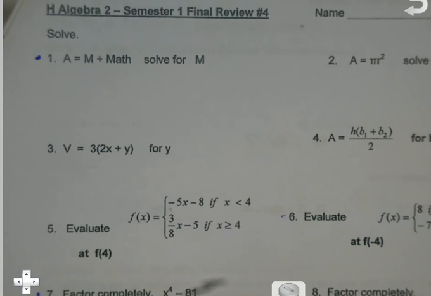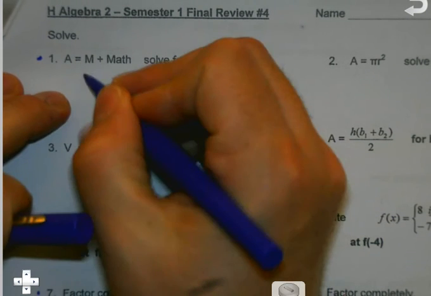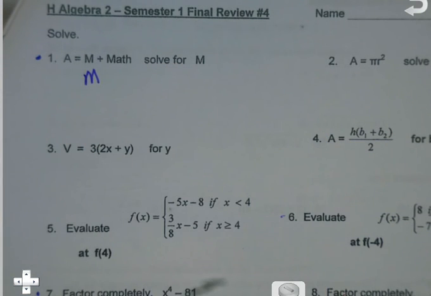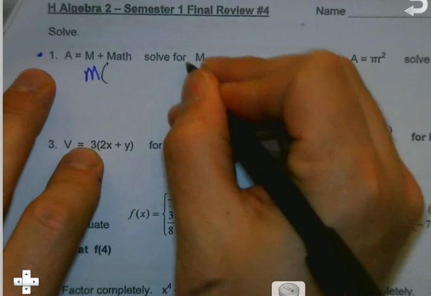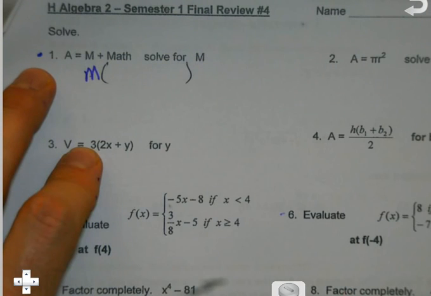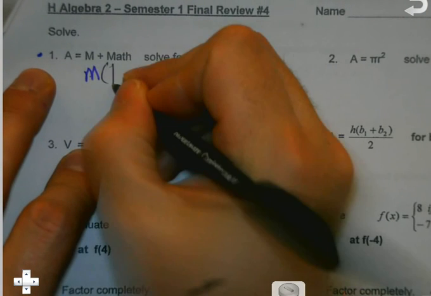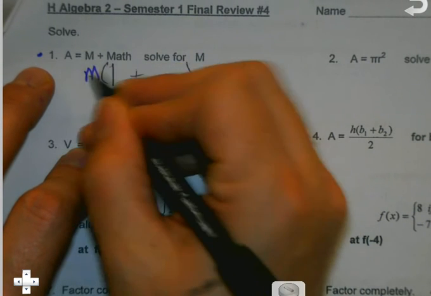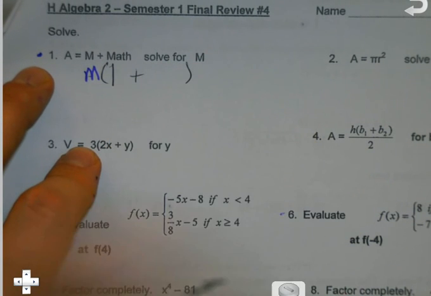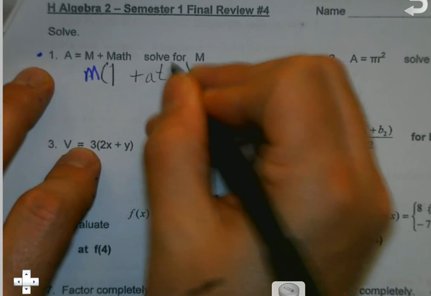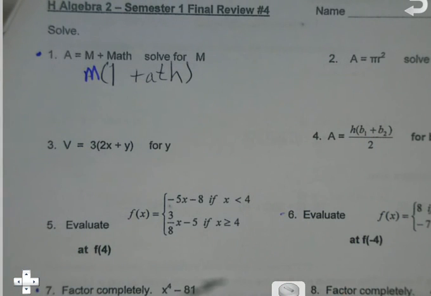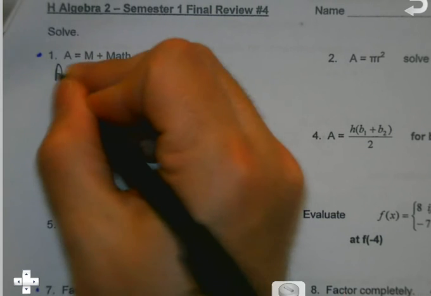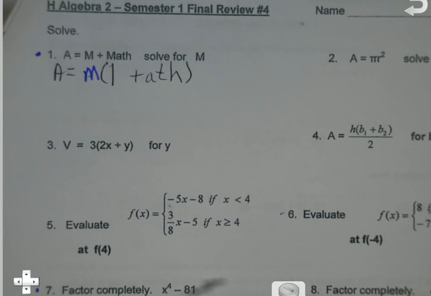Oh, they both have m. Okay. So if I take an m out, I know this is going to look weird. What do I have left? M times what gets me to m? 1. Got to hold the place. Can't say nothing. M times what gets me math? Well, I've already got the m, so I need the f, and I got to be careful when I say that. You're like, okay, what good did that just do me? It got me from 2 m terms down to 1, and now I can actually solve for it.